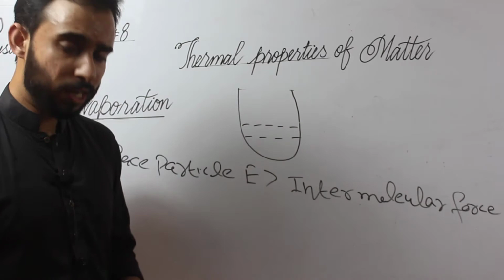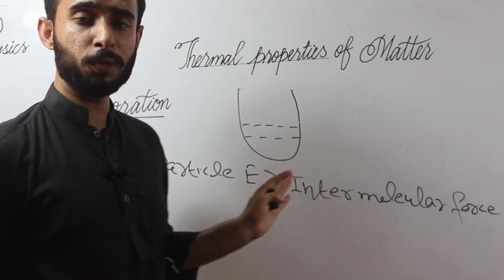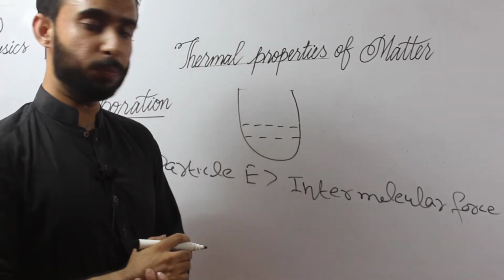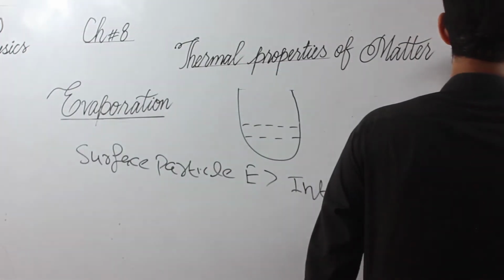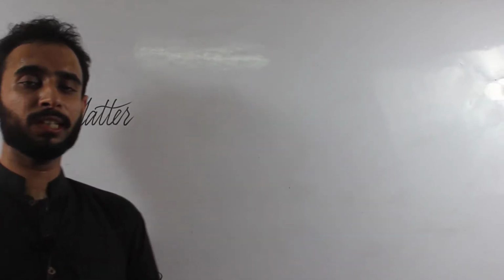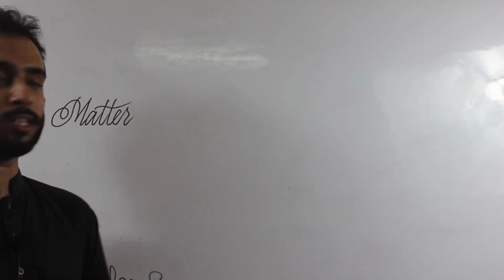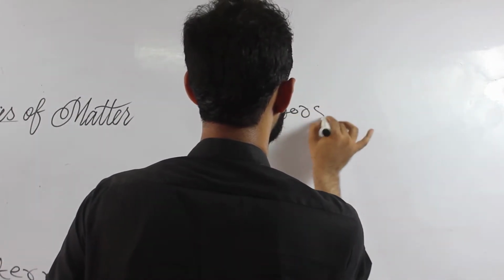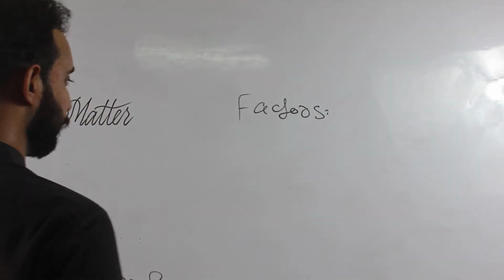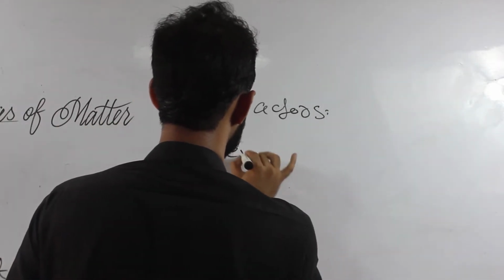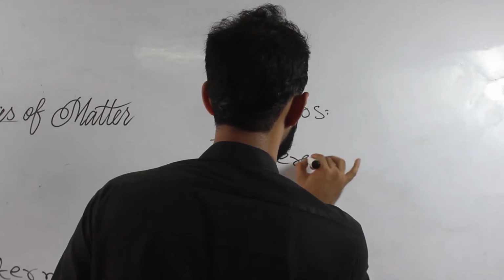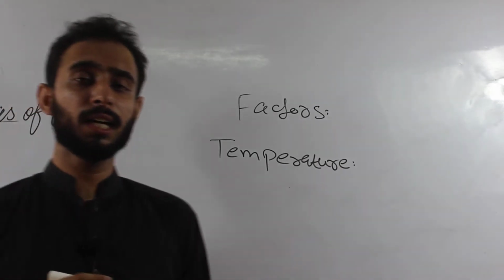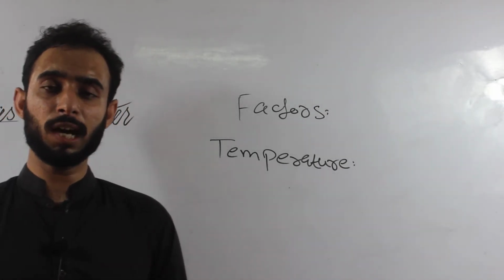Now student, this is the process. We are going to discuss some factors on which evaporation depends. The first factor is temperature. Temperature is directly proportional to the evaporation rate.